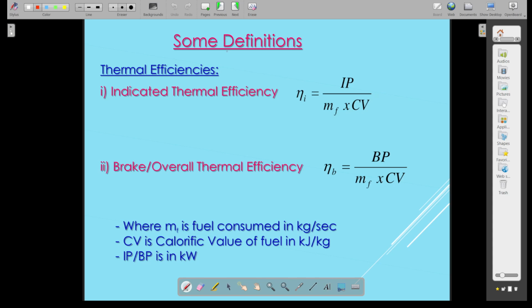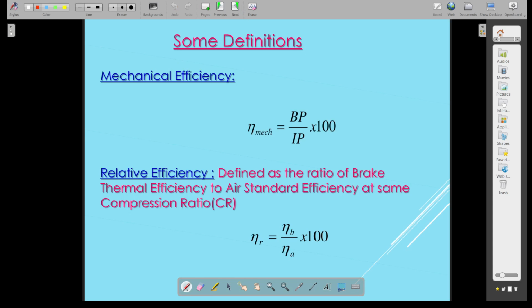So now various efficiencies. If I want to find various efficiencies, so first one is the indicated thermal efficiency, eta I, IP divided by MF into calorific value. ब्रेक थर्मल एफिशिएंसी निकालने का है तो ये ब्रेक पावर डिवाइडेड बाय एमएफ इंटू कैलोरीफिक वैल्यू. नेक्स्ट मैकेनिकल एफिशिएंसी ब्रेक पावर बाय आईपी. रिलेटिव एफिशिएंसी ब्रेक थर्मल एफिशिएंसी or indicated thermal efficiency divided by air standard efficiency.